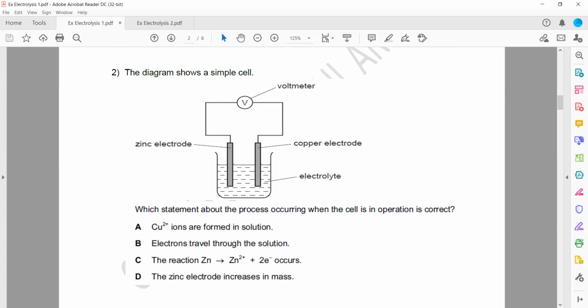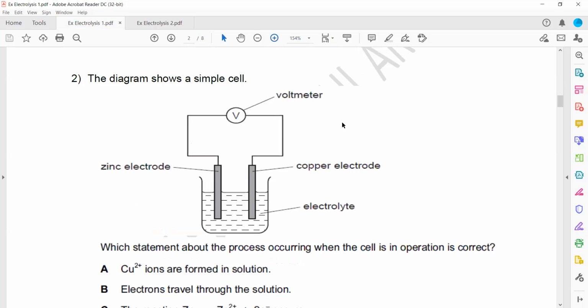So in the question, basically, which statement about the process occurring when the cell is in operation is correct? Cell in operation means when the cell is working. We have to tell which one is correctly described when the cell is working.